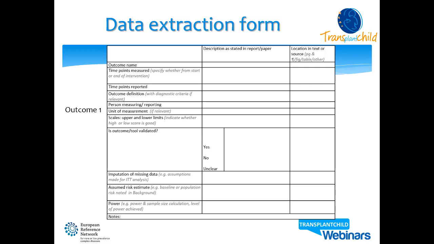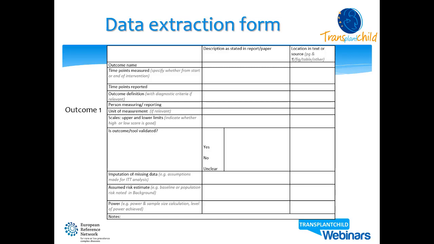So if the outcome is validated, the technique or the scale or the questionnaire is validated or not. The imputation of missing data, in case the author is using some kind of imputation method like last observation carried forward or something like that, you can state.